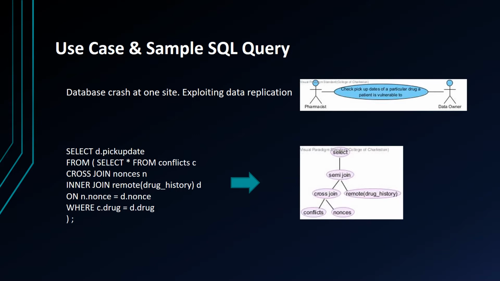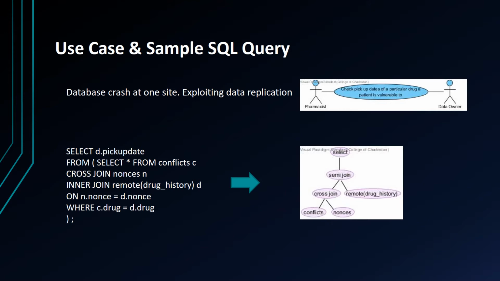This is a cross join between two local tables, that is conflicts and nonces, and then finally an inner join on the remote table. This remote table is housed in the data owner's site, and the pharmacist doesn't have access to it, so he needs to request the data owner to let him know the particular information he wants.